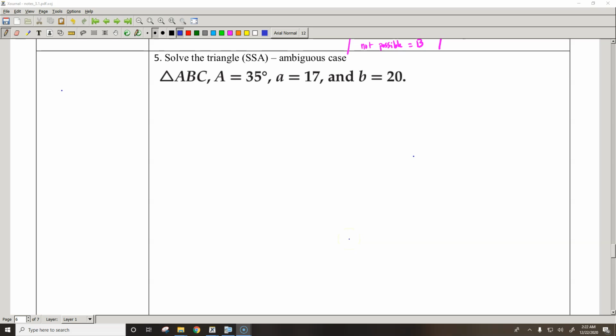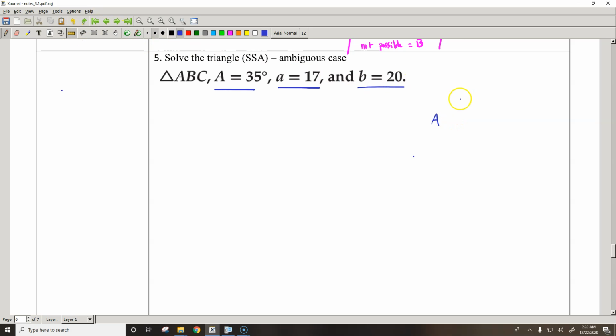All right, so here's the last example that we're going to do, and this is if we have two solutions. So go ahead and write this down. We have angle A is 35 degrees, side A is 17, side B is 20. And we can always sketch out a triangle here. So angle A is 35 degrees.